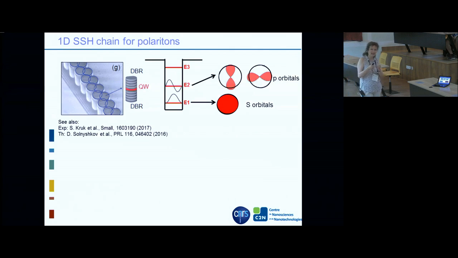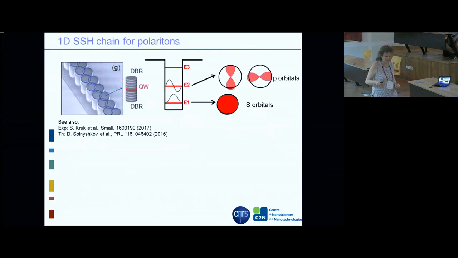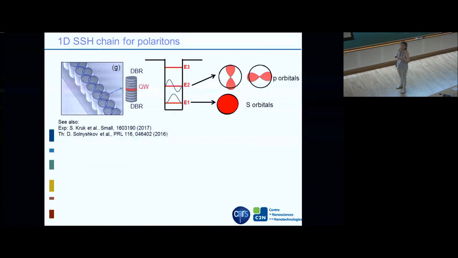Okay? But then, what I did not say is that the width of the gap is equal to the difference between the 2 transmissions. And with such S orbitals, it's not possible to change the coupling a lot. So actually we see the opening of the gaps, but it's not as nice as what we do here.